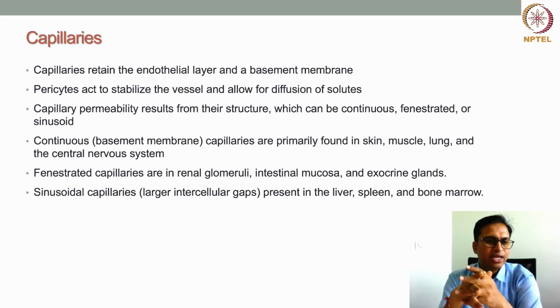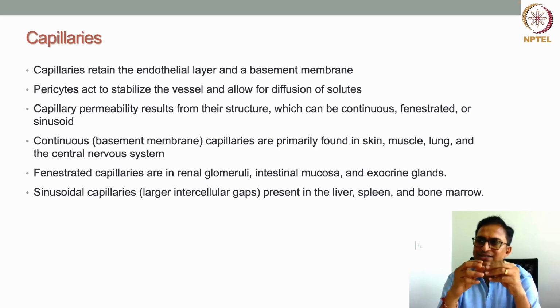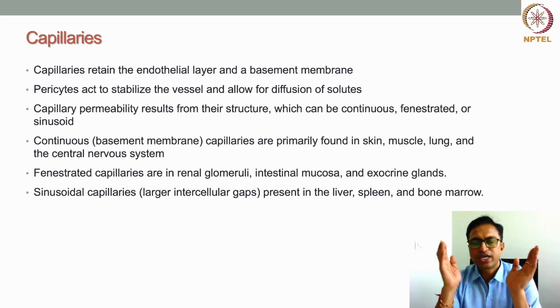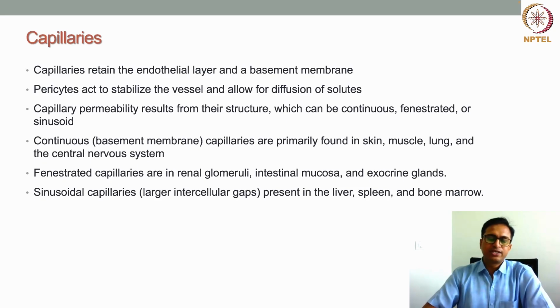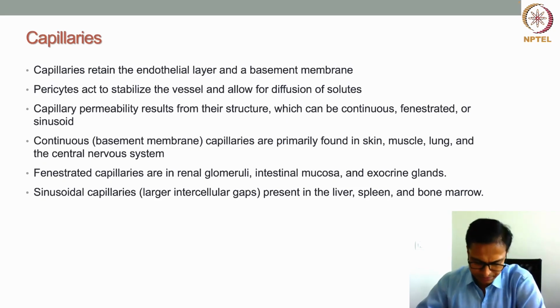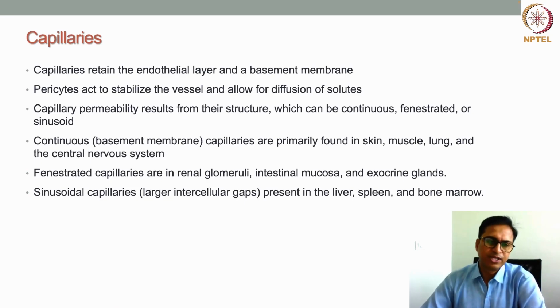Depending upon the structure of the basement membrane and also the intercellular spaces, these capillaries can result in different types of structures: either continuous capillaries, or fenestrated, or sinusoidal. Different organs have different kinds of capillary structures.